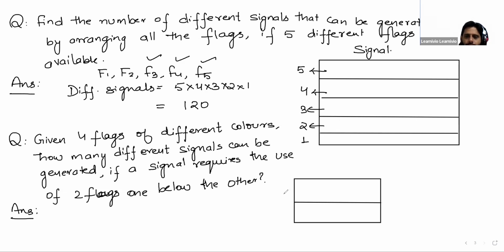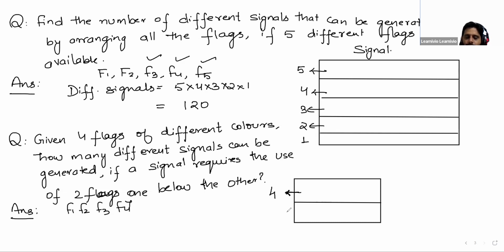So Yusra, can you tell me, how many options does the first place have? Four. We have four flags available. Okay. And we need to make a signal. So this place has four options. Suppose we have used this one.